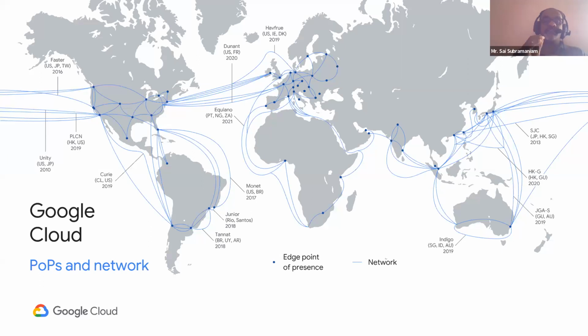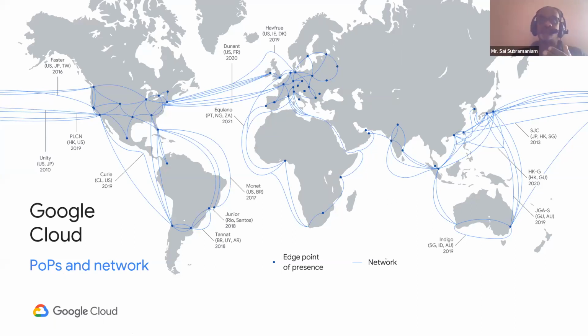This slide gives you the overall landscape of the Google Cloud Platform across the entire globe. As you can see, the blue lines here are the network cables. And the blue dots that you see in the slide, we refer to as POP. POP stands for point of presence. What does it mean?